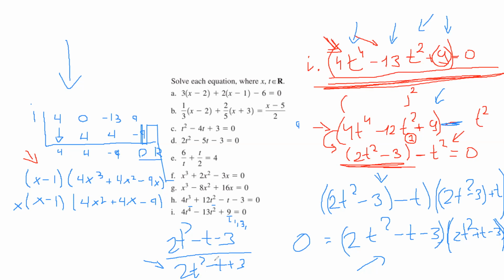And again, you have to compare it with your initial function. If your initial function was, for example, t squared, and after your transformations you say t cannot equal this and that, you say, wait a minute, the initial function was defined at this point.